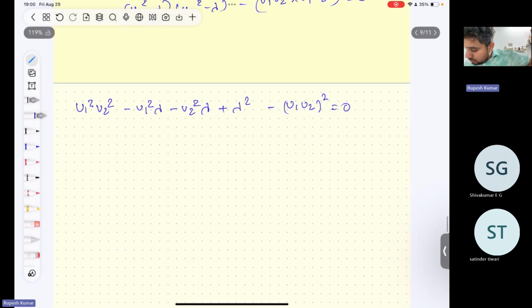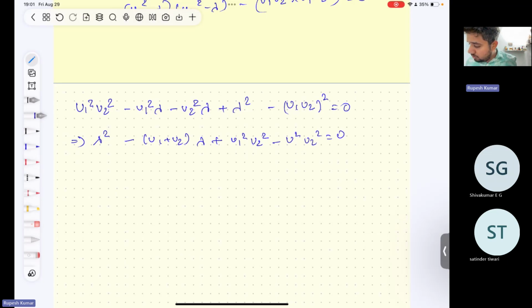Fine. Now let's make up the polynomial terms here. u1 squared u2 squared minus u1 squared u2 squared cancel, and you get lambda squared minus the sum times lambda equals 0.